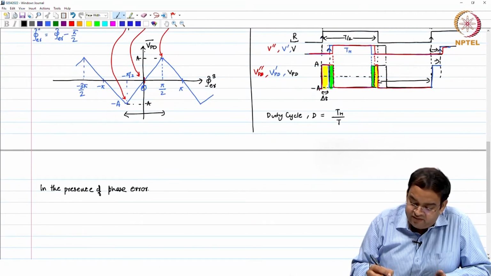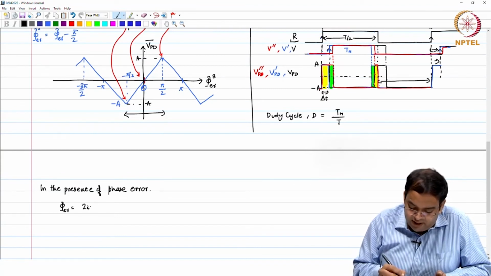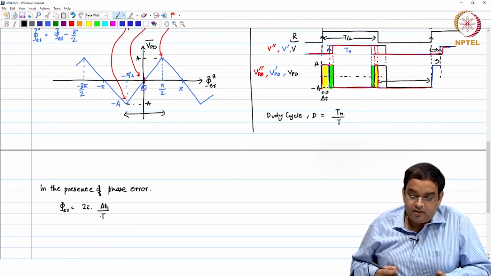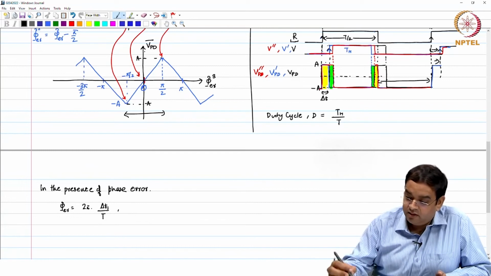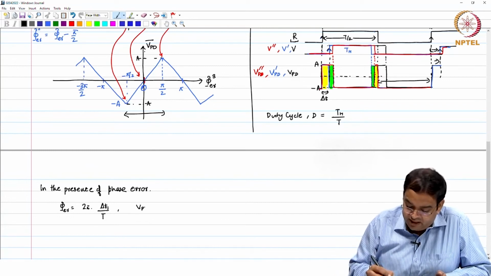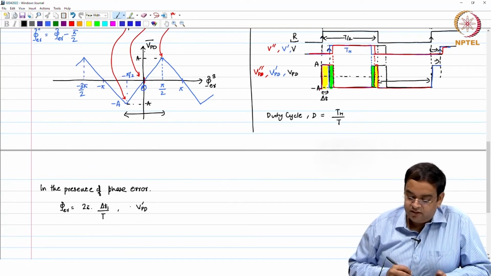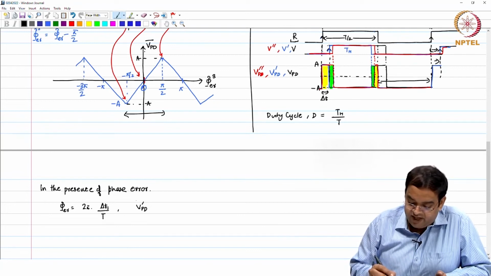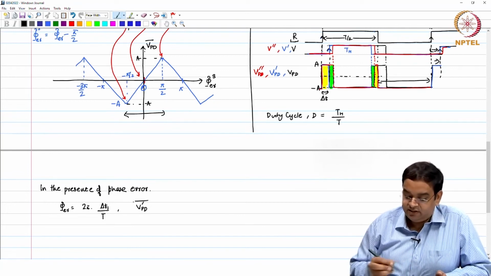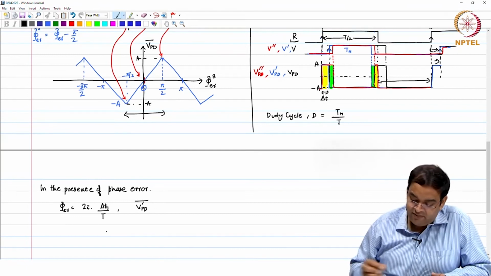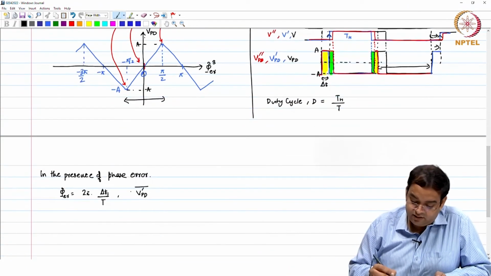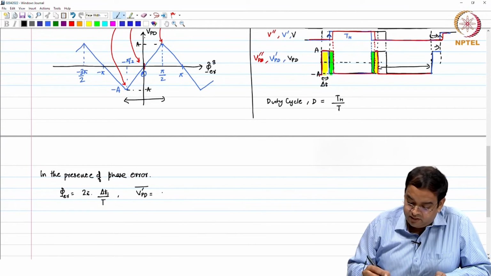In the presence of phase error, I am going to write 2 pi times delta T1 by T, right. The average of the V_PD dash is same as the average of V_PD double dash.